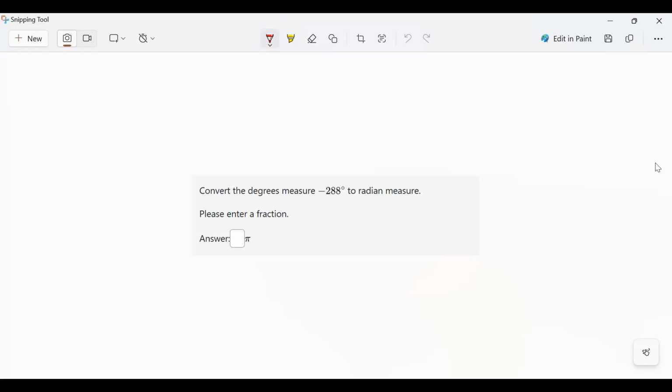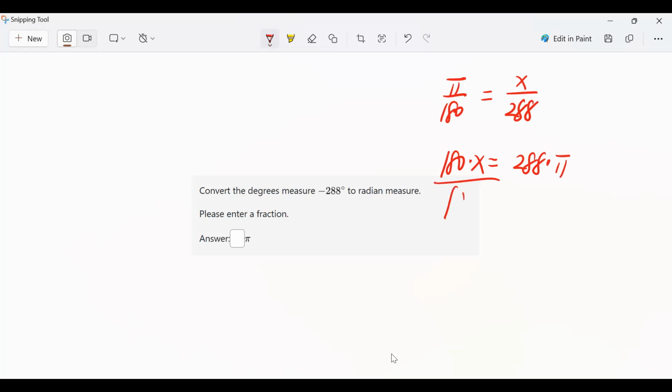Let's go over the solution. So again, we do pi over 180 is equal to x over 288. Cross multiply and then solve for x. So 180 times x equals 288 pi.